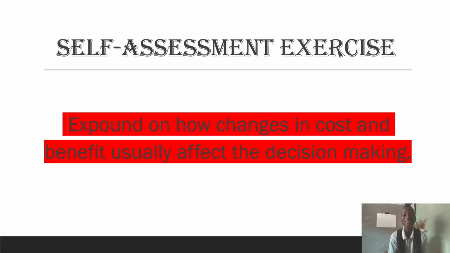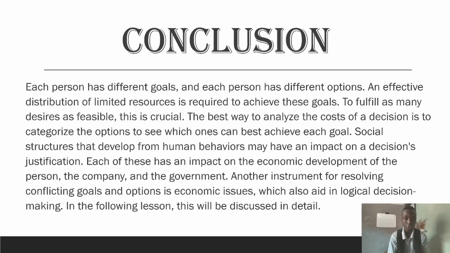I look forward to seeing your answers. Self-assessment exercise is very important. It's an exercise that shows that you understand and you are following the class. Please do not hesitate to attempt these exercises. I look forward to seeing you in the comment section and attending to your answers to the exercise. With that being said, let's move to the next slide.